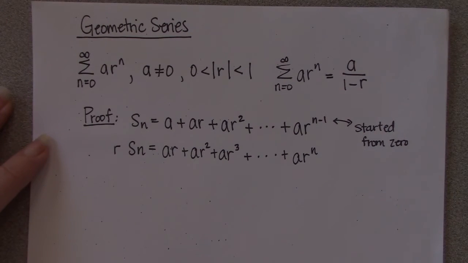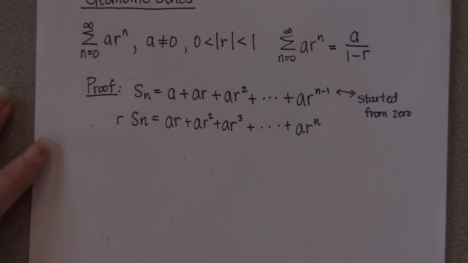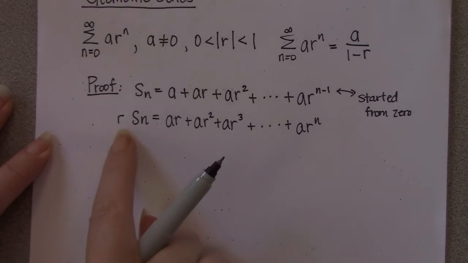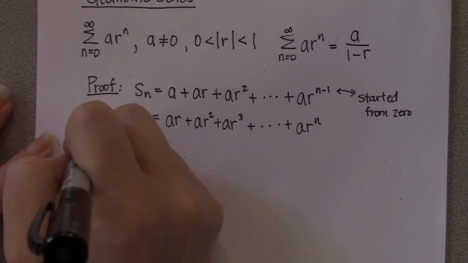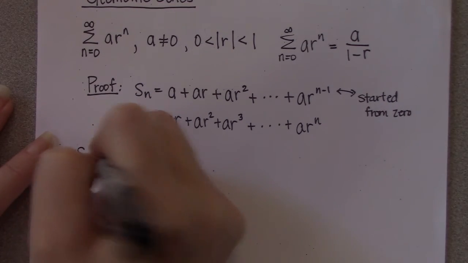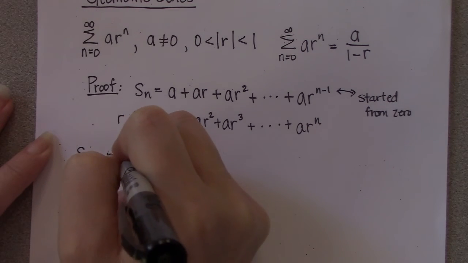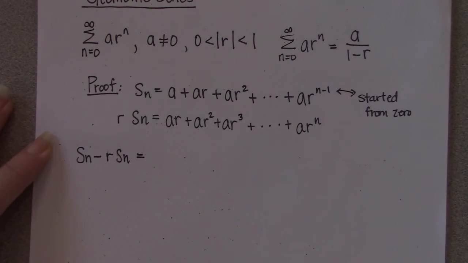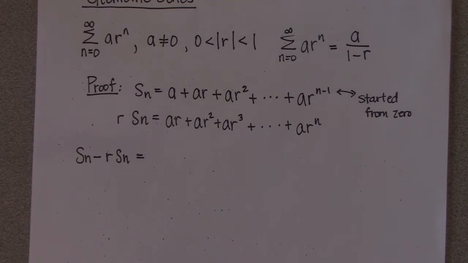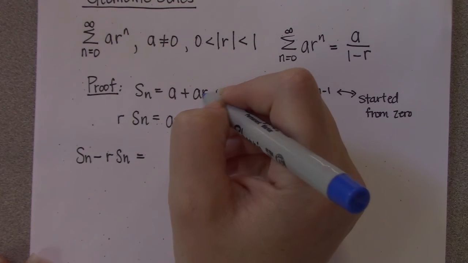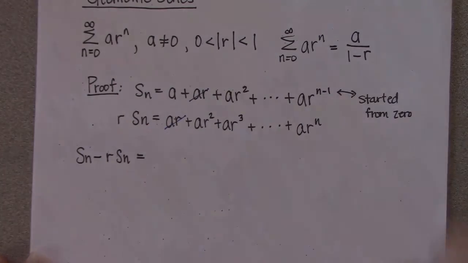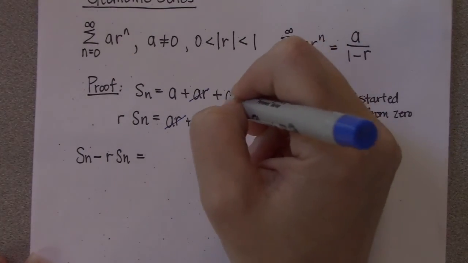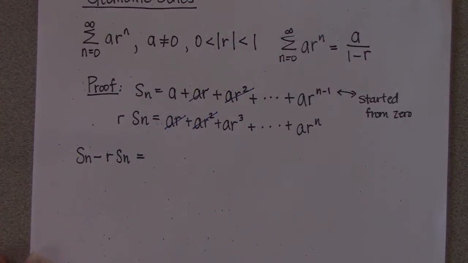Right? Then what I'm allowed to do is I can subtract one of these equations from the other. So I'm going to take the top line and I'm going to subtract the bottom line. So on the left, you just get s sub n minus r times s sub n. But on the top, look what happens. This ar cancels that ar. And this ar squared cancels that ar squared.